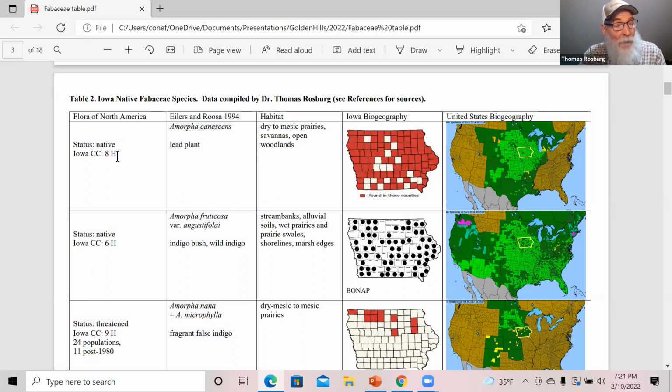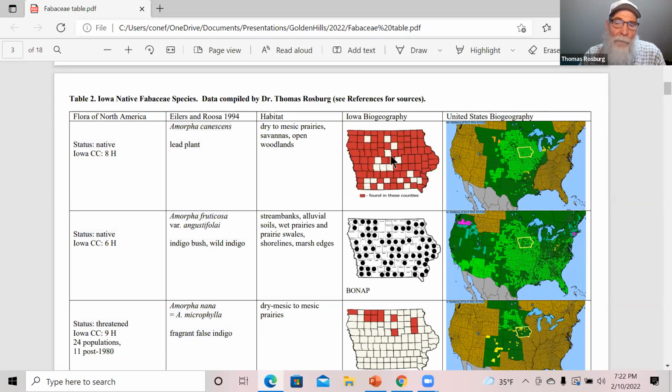These are the revised coefficients, and if you haven't heard of these before, it's just a number from 1 to 10 that basically tells you what the affinity that species has for highly pristine, high quality natural ecosystems. So the higher the number, the more indicative that species is of those places. The letter here is either an L, M, or H, meaning low, medium, or high confidence in that number being right.